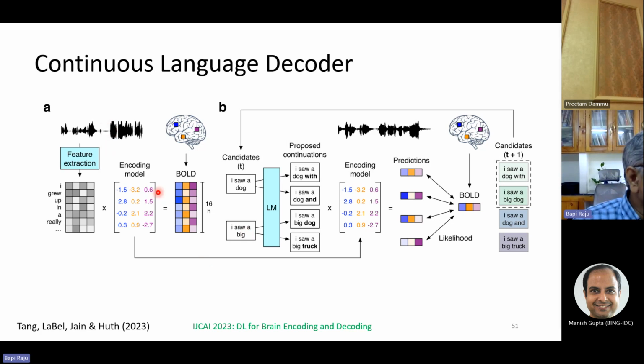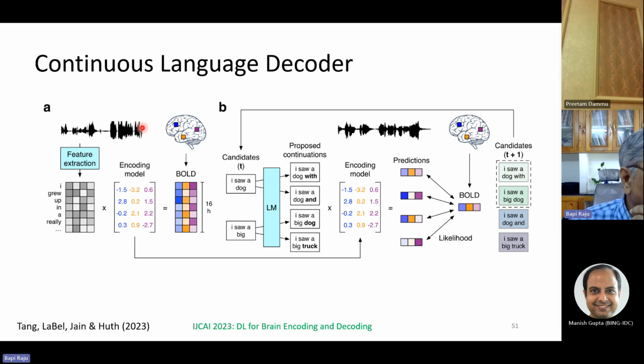This is a narrative that's heard through the headphones. This is a speech waveform corresponding to the narrative. Features are extracted, and an encoding model is learned to predict the brain response corresponding to this narrative.